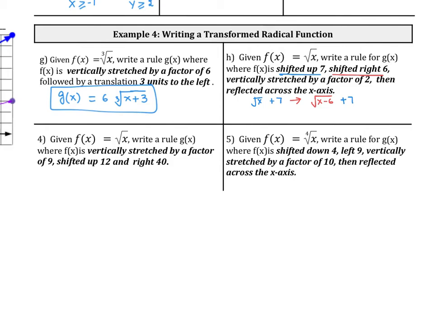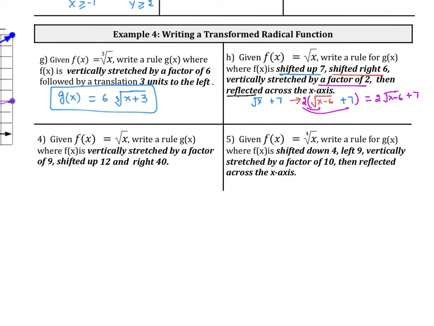After that is going to be vertically stretched by 2. So you're going to multiply it by 2 in the front, and then you distribute the 2 inside. You get 2 times square root of x minus 6 plus 7. And at the end of all, you're going to have reflection over the x-axis.